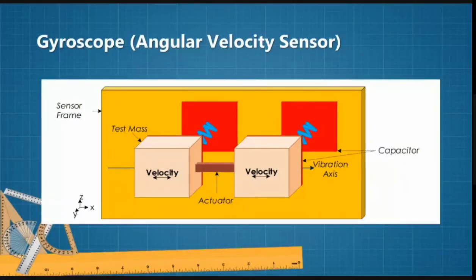But the displacement between the test masses and the frame occurs along the Z axis and is measured by a capacitor whose armatures are perpendicular to the axis. As we show in this figure, this is the test mass and this is the actuator.